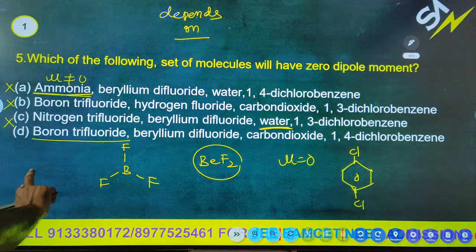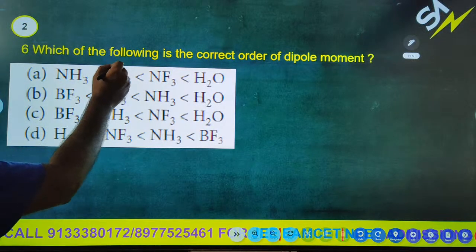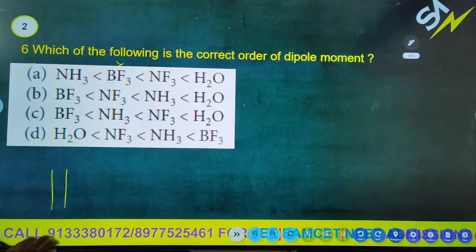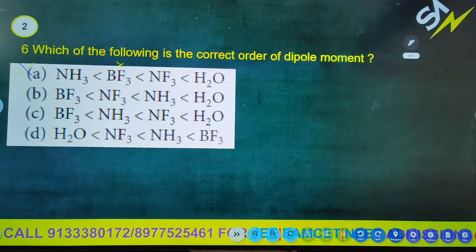Clear? Now the next question. Which of the following is the correct order of the dipole moment? Checking NH3 less than BF3: no, BF3 has dipole moment 0, so the first option A is wrong. Now BF3 is less than NF3, NF3 is less than NH3, NH3 is less than H2O.